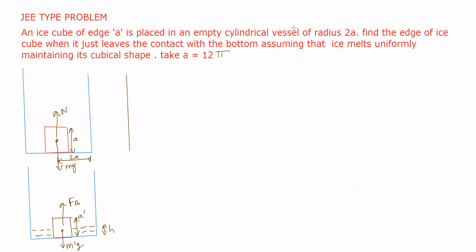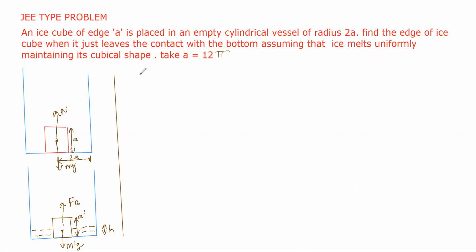The water is formed, so the mass of the water formed is equal to the mass of the ice melted. So the first condition we are taking is that the mass of the ice melted is equal to the mass of the water formed.